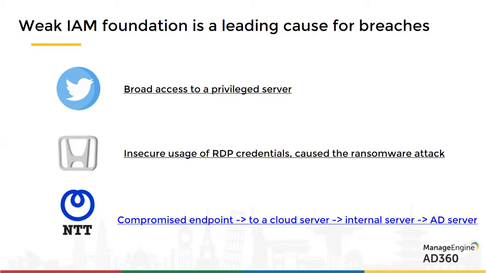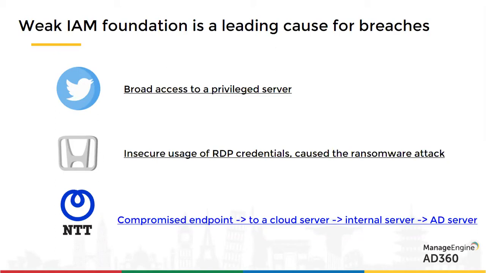A recent breach on a famous Japanese telecommunications company called NTT happened because an endpoint was compromised, and eventually an attacker was able to gain access to a cloud server from the endpoint, and then from there to an internal server that was in close contact to the domain controller, and eventually to the Active Directory domain controller.